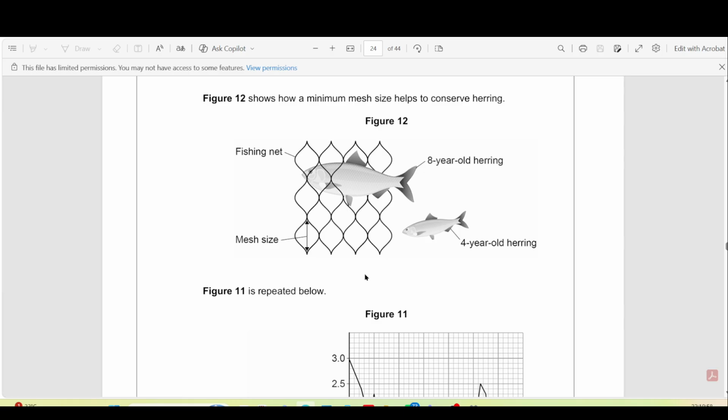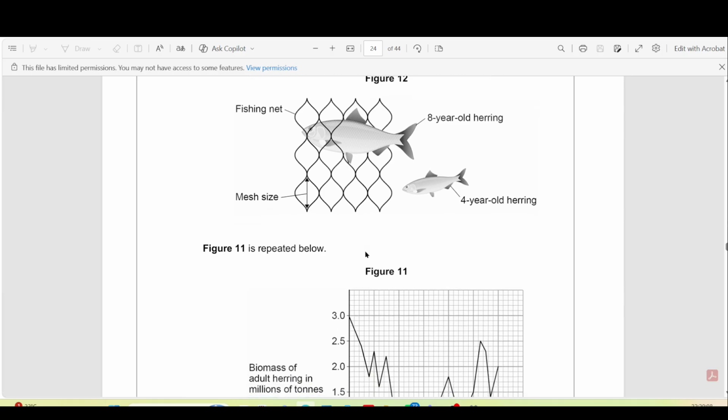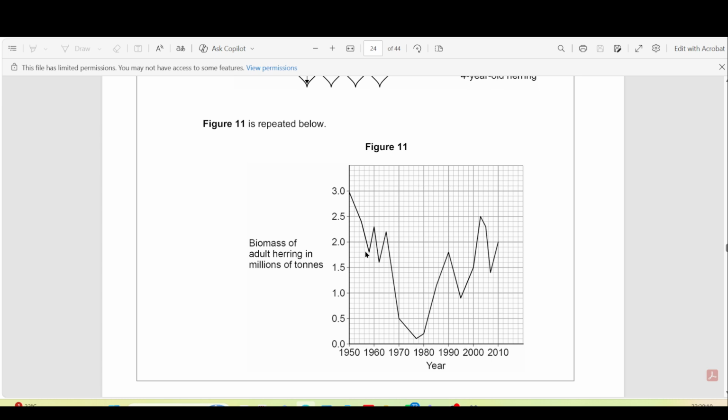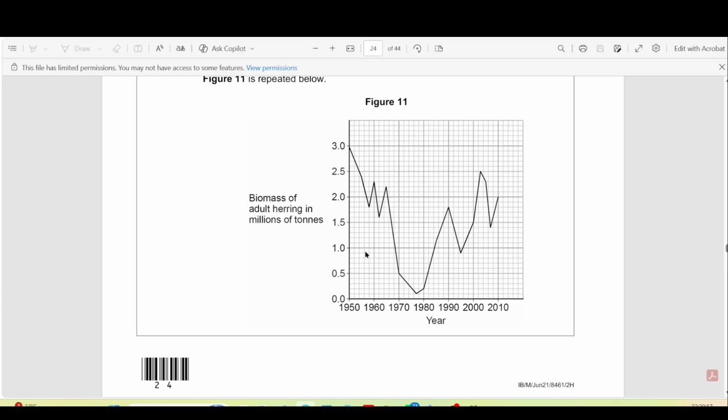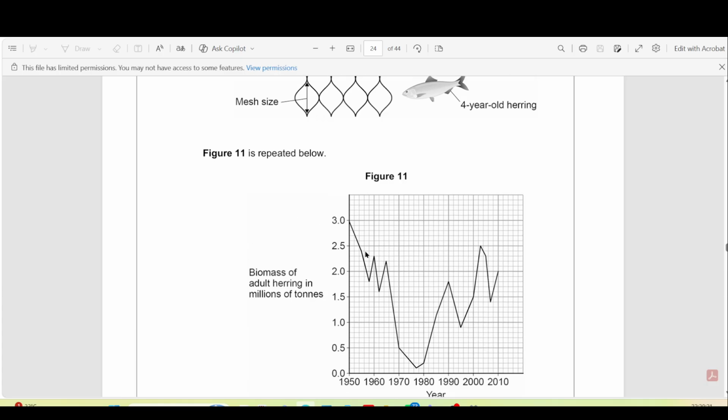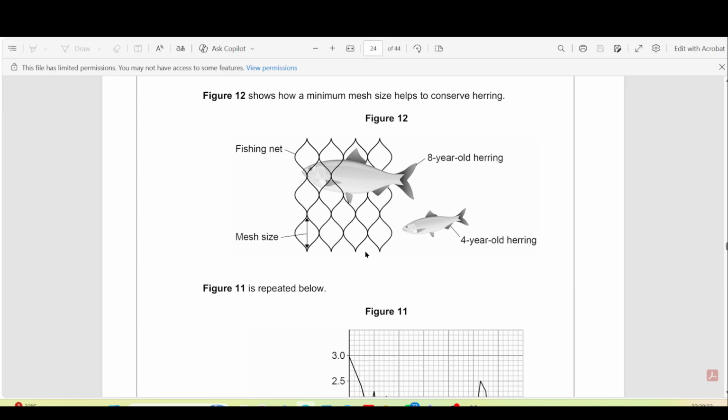Since herring reproduce at 3 to 4 years, it ensures herring reproduce at least once in life.